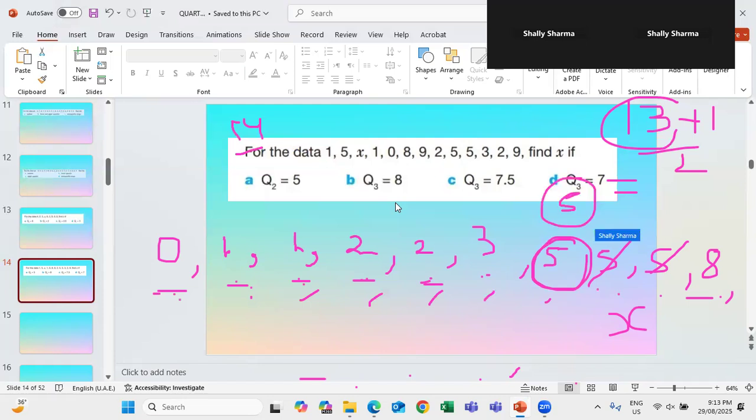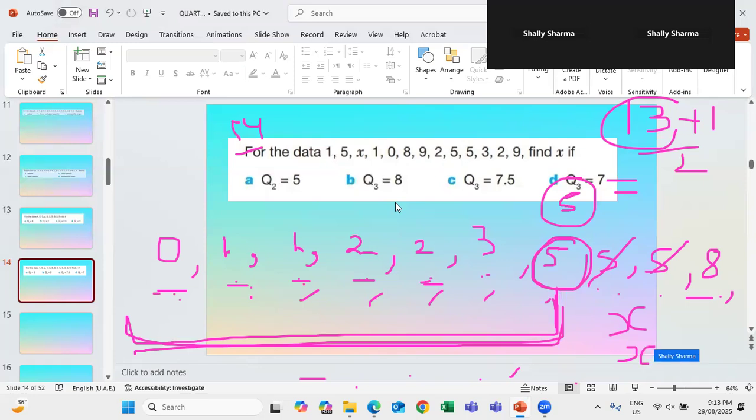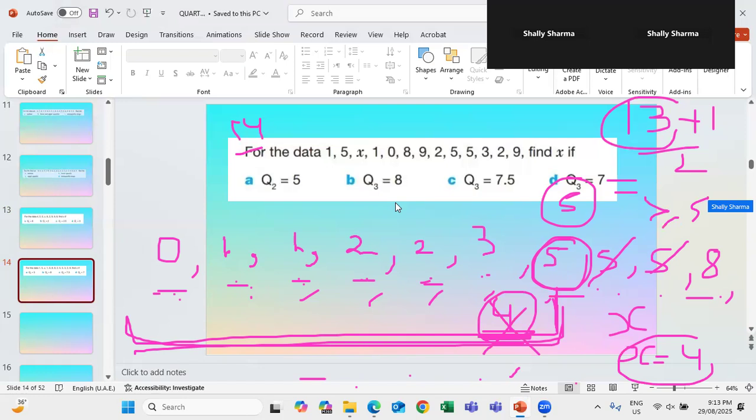So what will be X? Now, the middle value is 5. The lower values will be less than 5. If I take X as 4, that value will come here, and because of that, this will become the seventh value, and that will create a problem for us. So X should be either 5 or more than 5, because after 3 we are getting 5 and this is the seventh term.